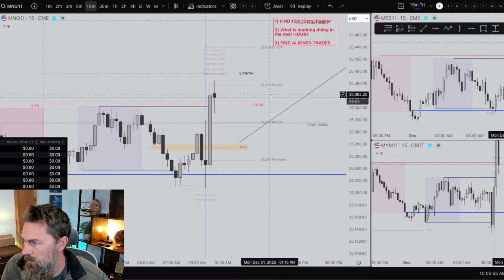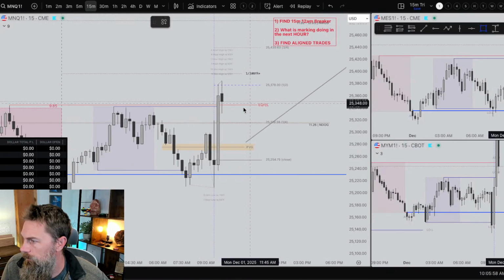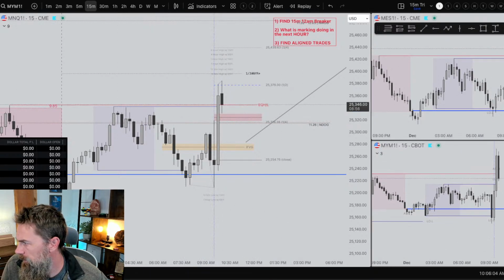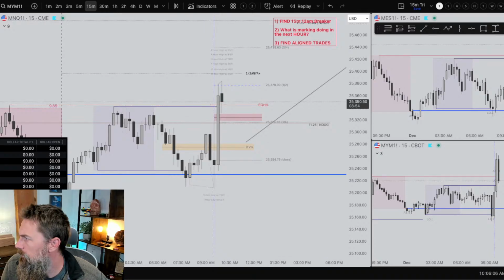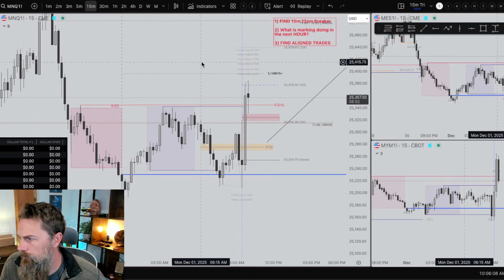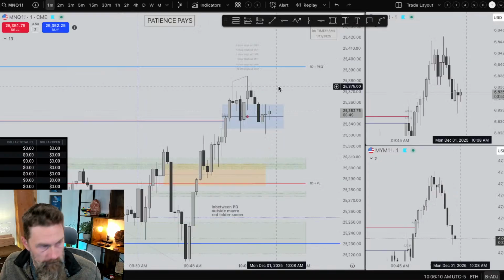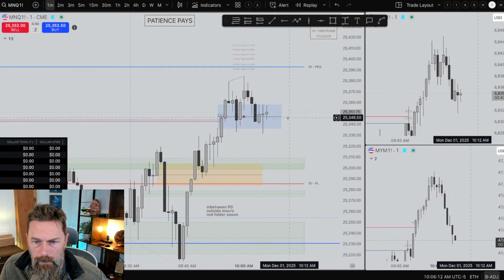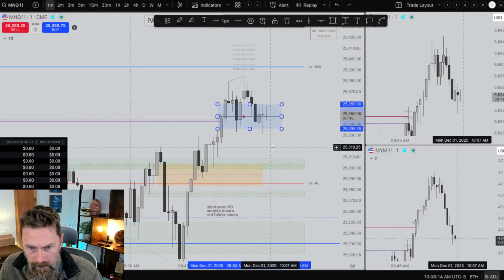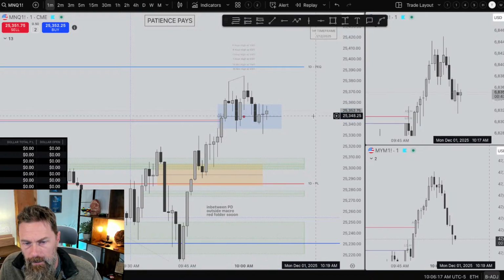On the 15-minute, similar kind of thing. We have this inefficiency here. So was noticing this gap here. We're just consolidating on it.